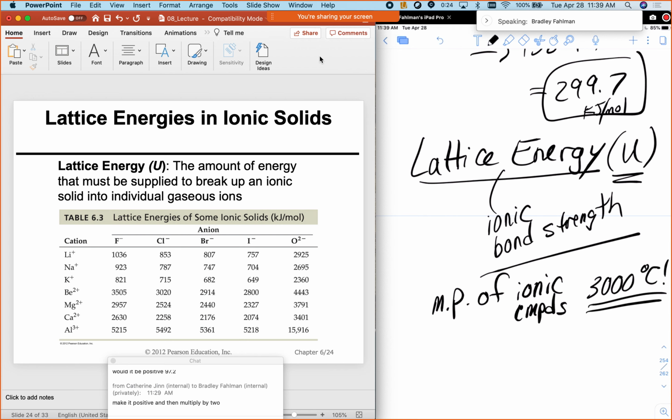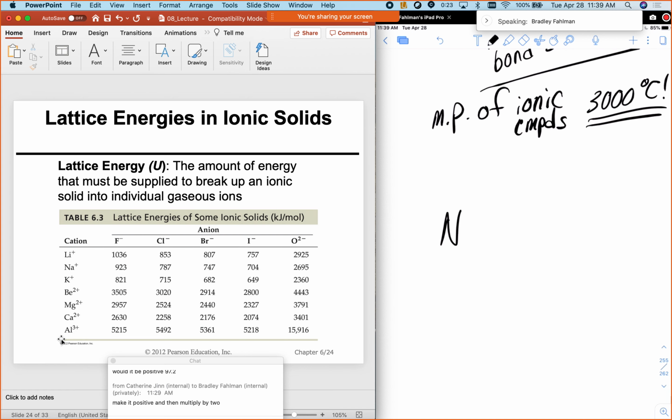As you'd expect, as you get higher charged ions, the lattice energy goes up, right? Because these salts are just formed by opposites attracting. It's just these electrostatic attractions, and the more the charges increase, the more the attraction increases in magnitude.